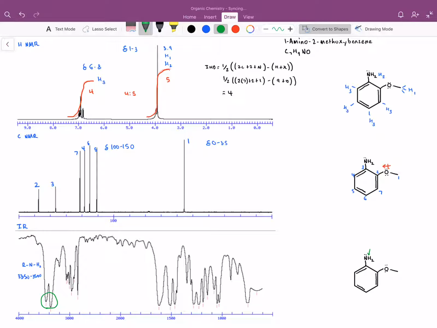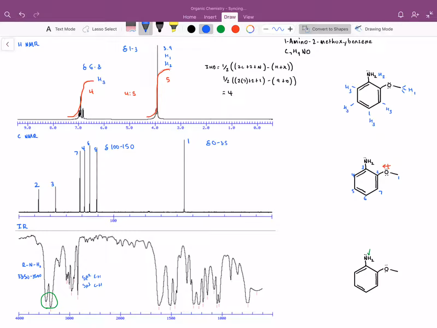We as well have both sp2 and sp3 carbon-hydrogen bonds. The sp3 carbon-hydrogen bonds show up typically a little bit under 3,000. The sp2s show up above 3,000, and so we see a cluster of peaks around that area. So that's good data there.